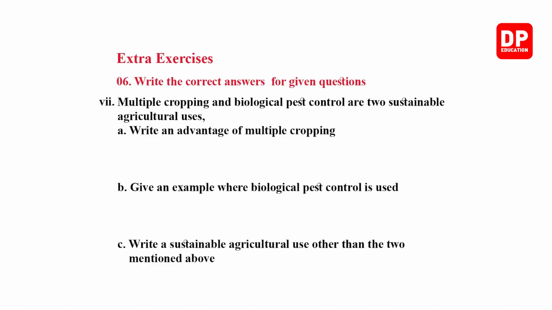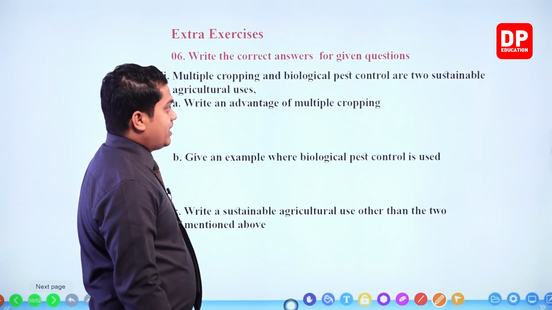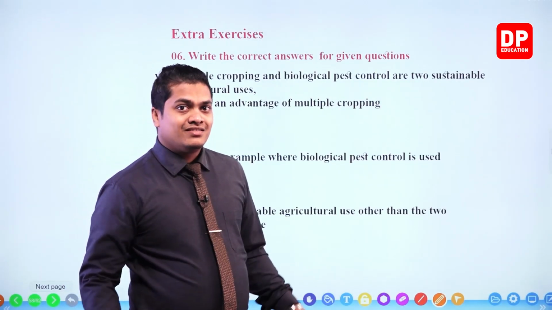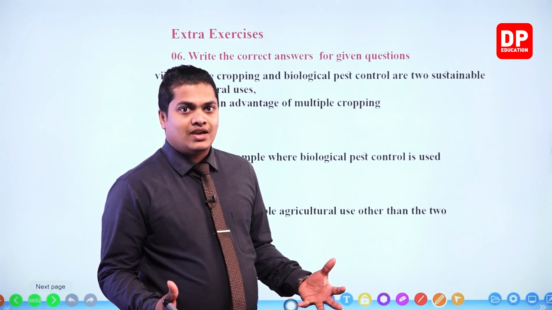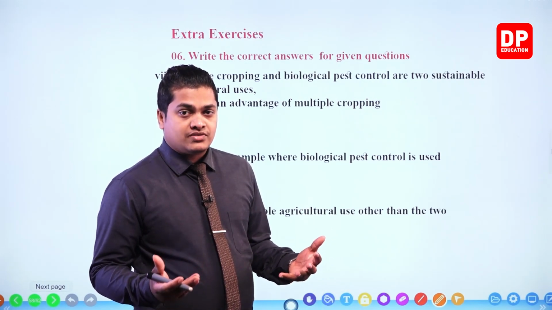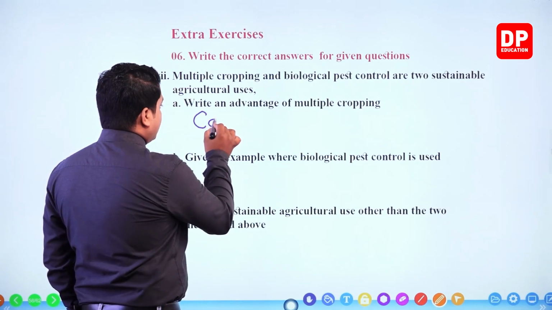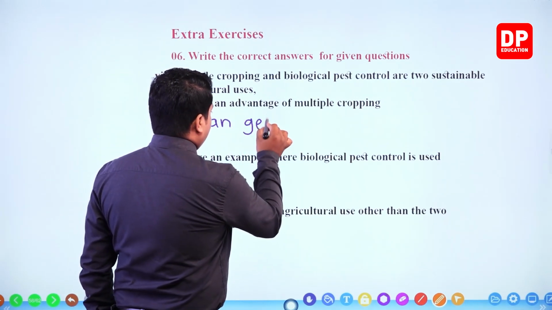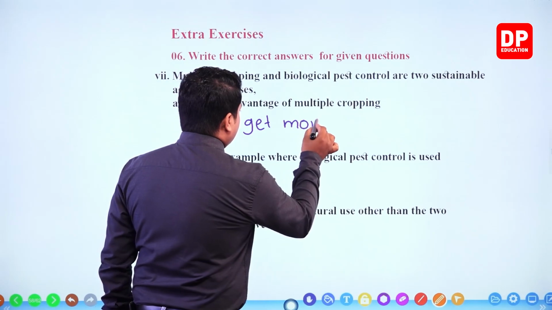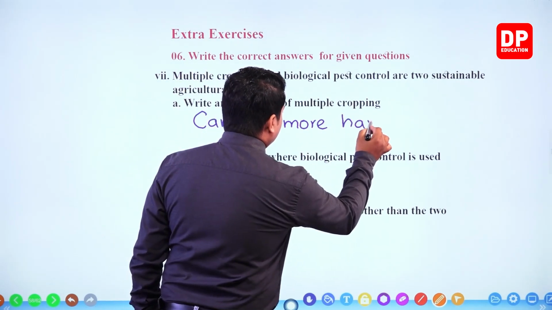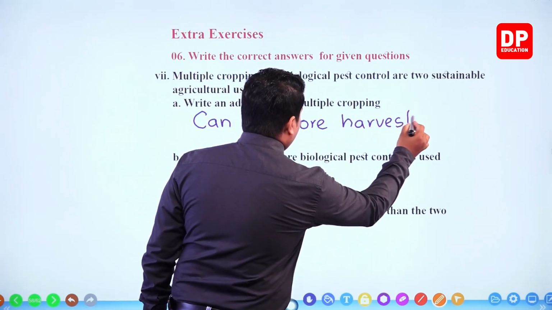Multiple cropping and biological pest control are two sustainable agricultural uses. Write an advantage of multiple cropping. By multiple cropping, we can get more harvest. Very simple, no? As we are cultivating several crops, we can get more harvest.